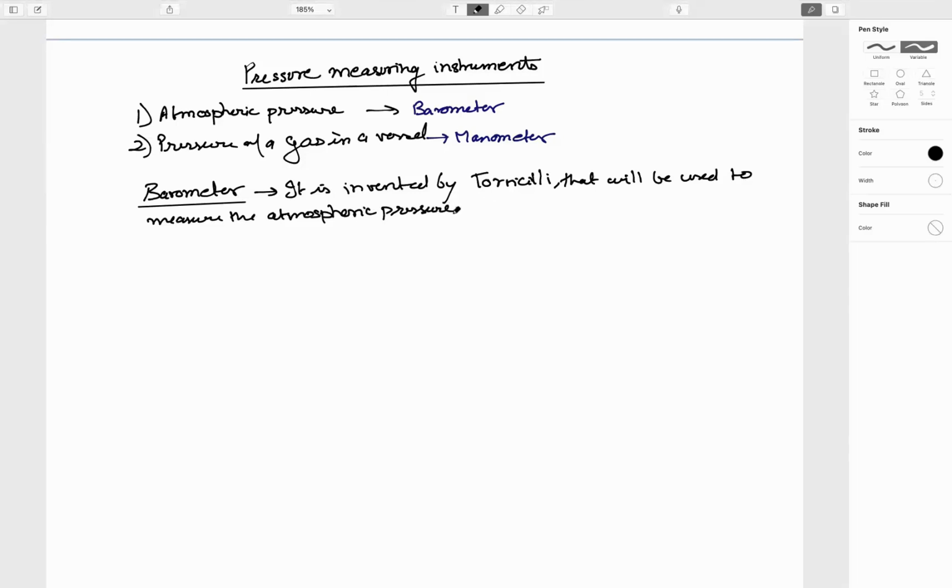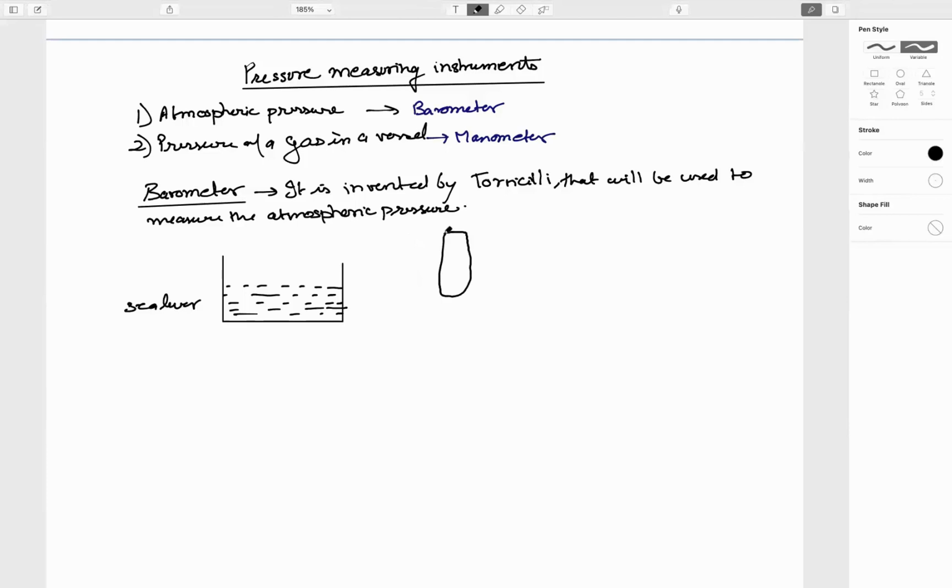What he did is he took mercury in a container and put it at sea level, and then he took one tube like this.